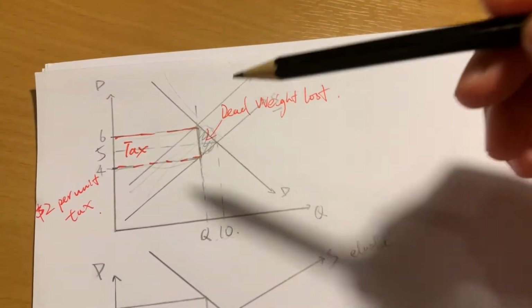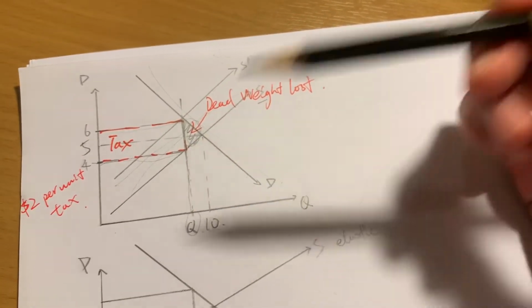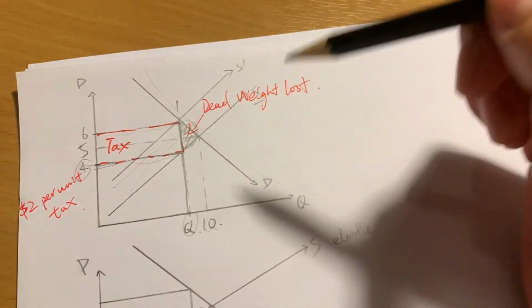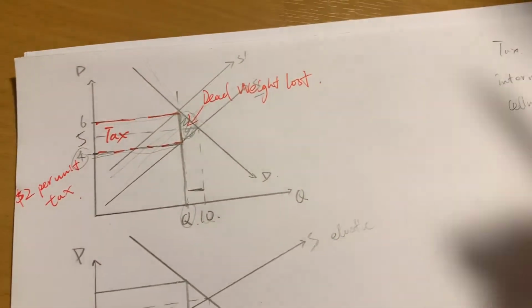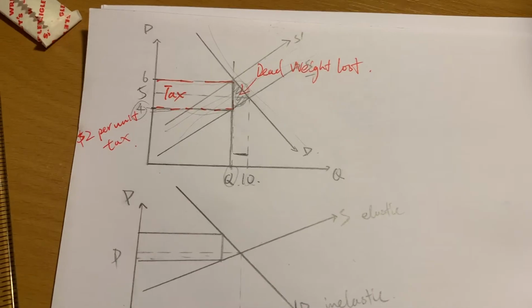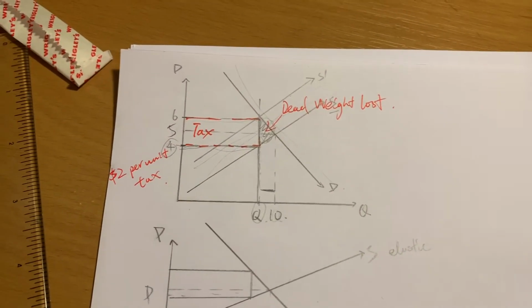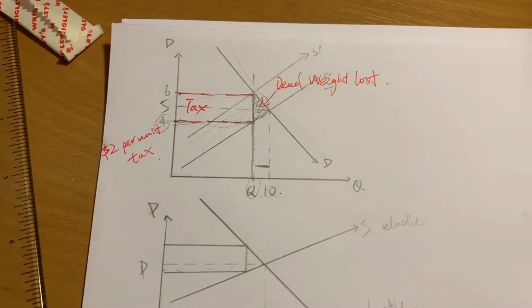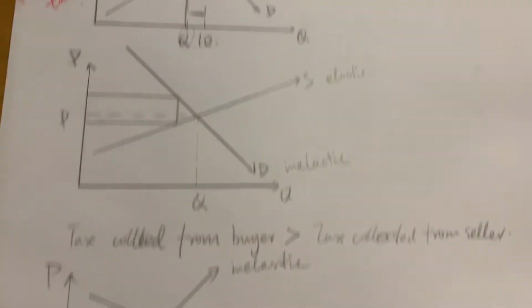The trade only happened at this quantity, and this price only happened here, and this quantity it didn't happen. So it depends on who pays the tax more. We need to think about the elasticity, which is like this.